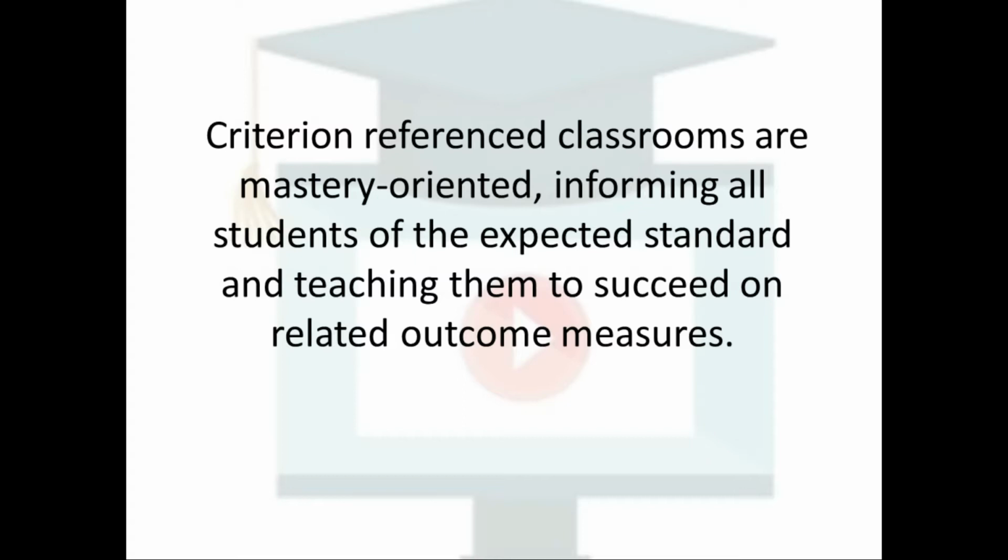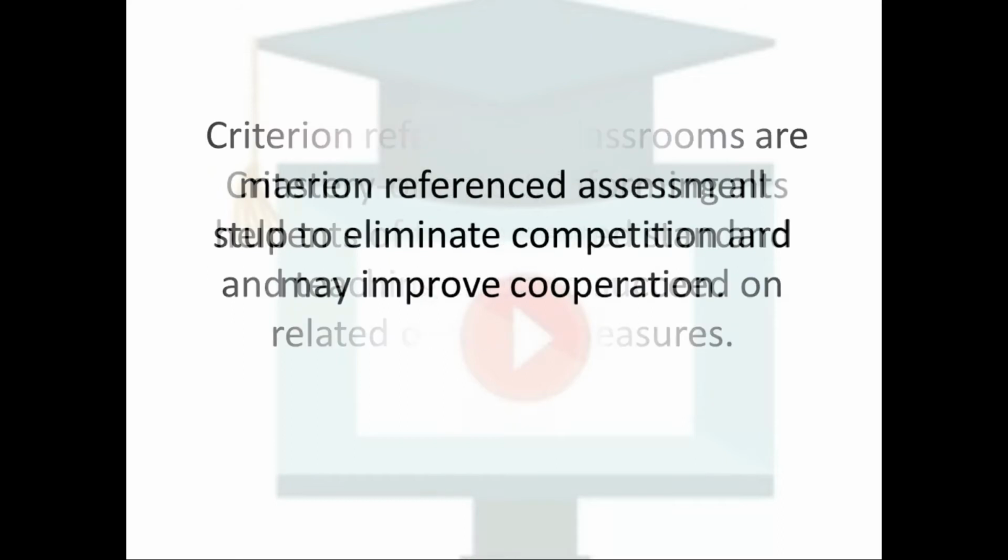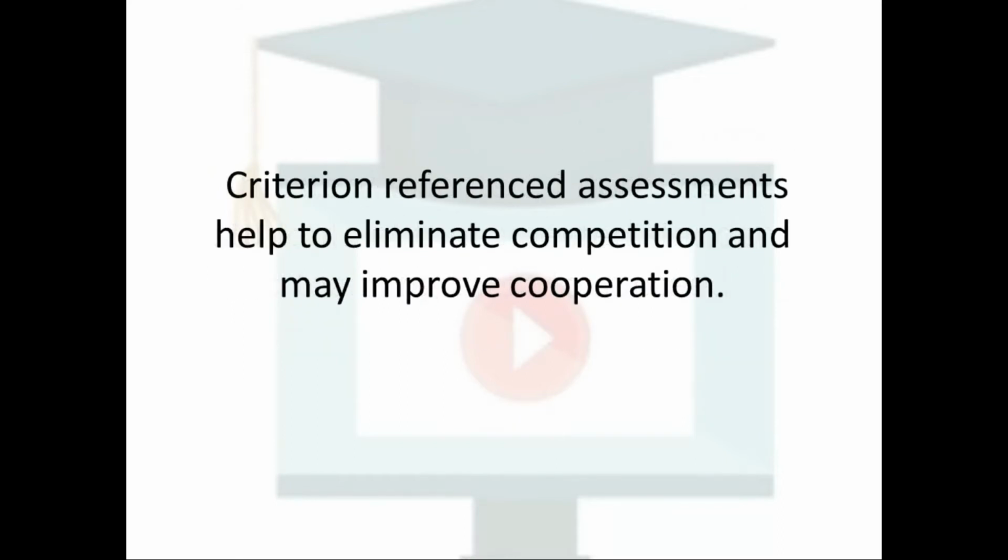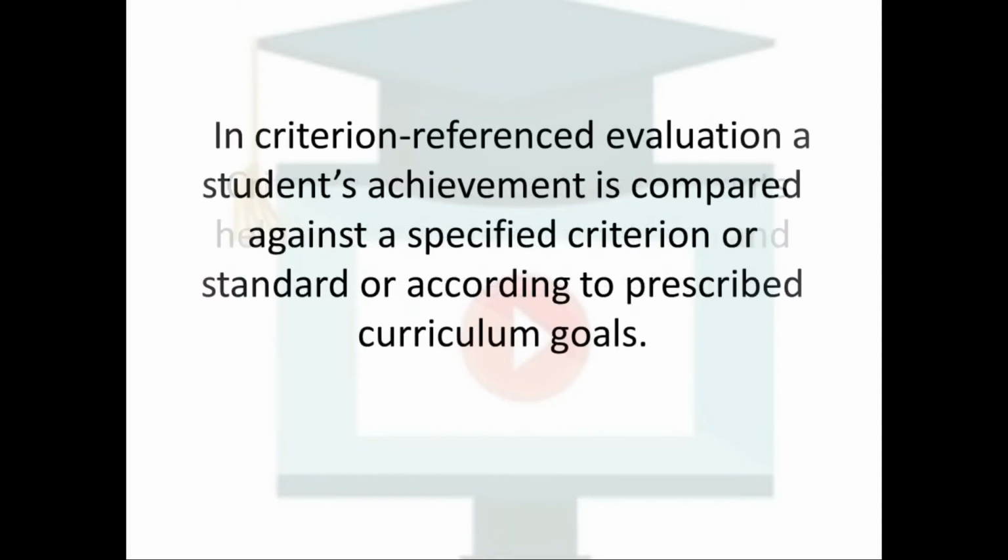Criterion referenced classrooms are mastery-oriented, informing all students of the expected standard and teaching them to succeed on related outcome measures. Criterion referenced assessments help to eliminate competition and may improve cooperation.